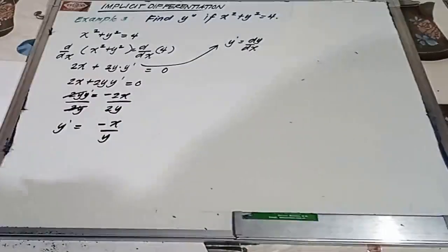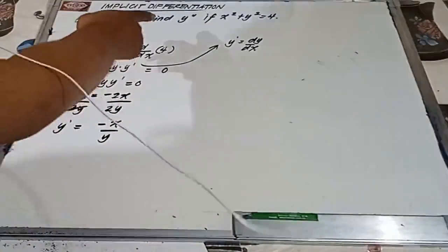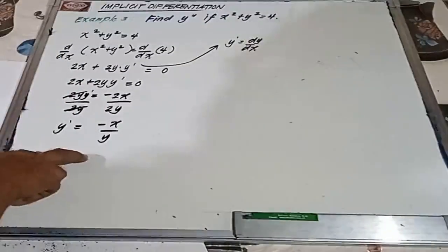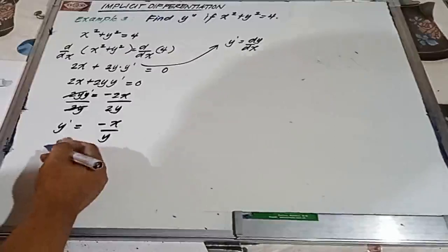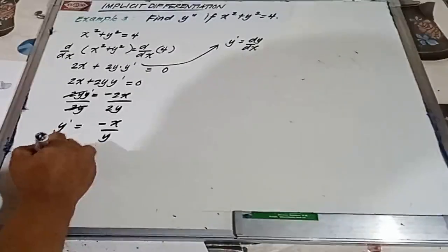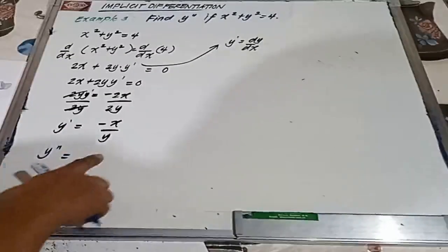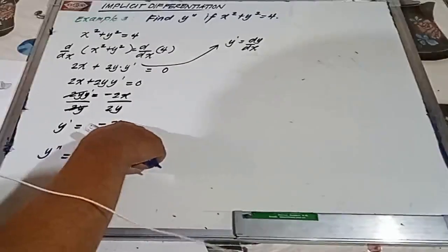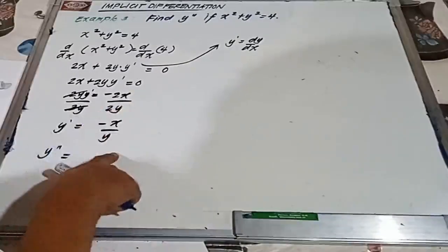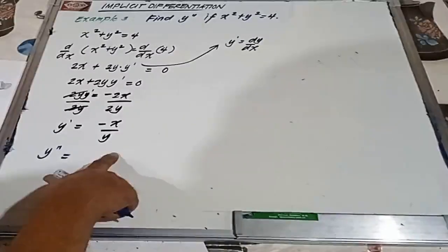Now, hindi pa doon natatapos kasi ang kasunod natin is to determine again the derivative of this derivative. That is the second derivative. So, gagamitin natin ang quotient rule. Equal sa baba, derivative ng taas, minus taas, derivative ng baba, divided by square ng baba. Okay?